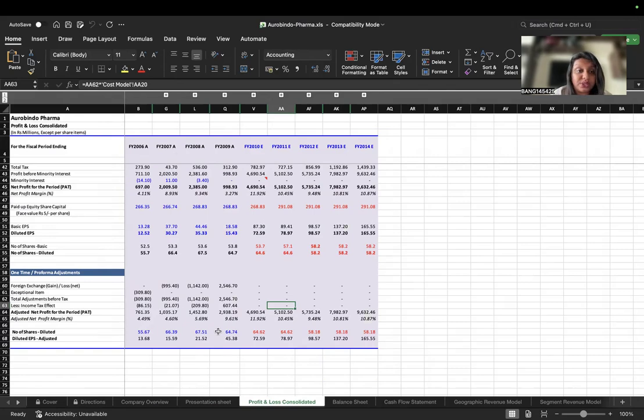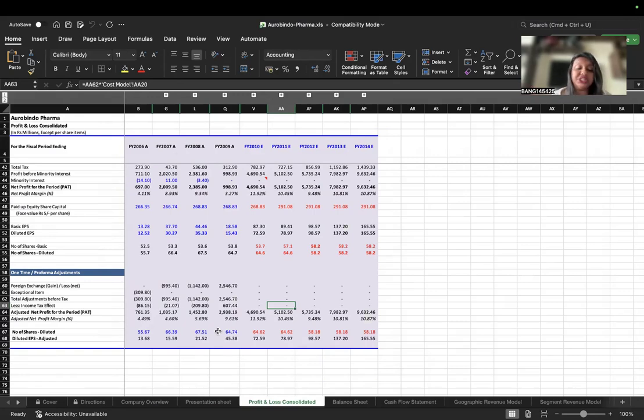In fiscal year 2009, it was 999 million, but the model forecasts an explosive growth trajectory, projecting PAT to hit 9,632 million by fiscal year 2014. So that is nearly a tenfold increase.